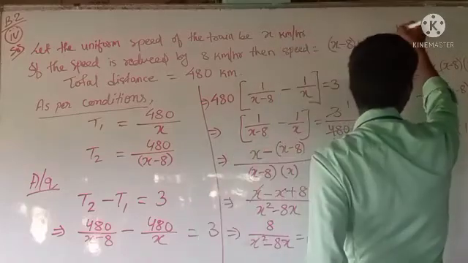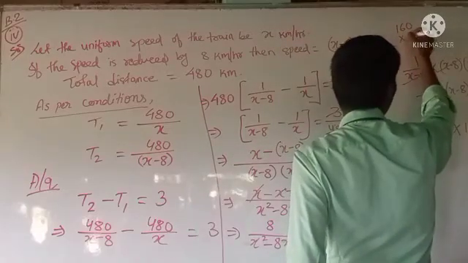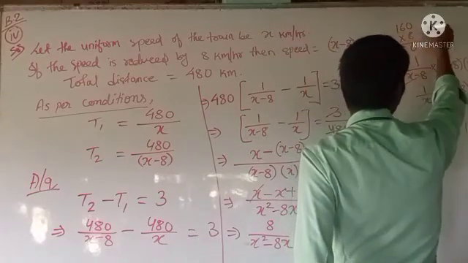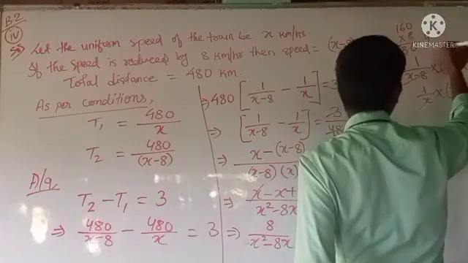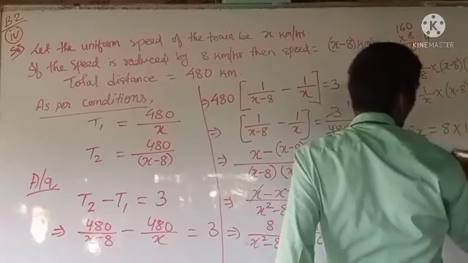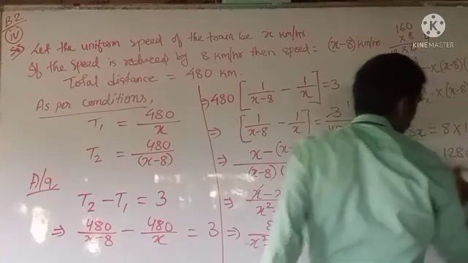Let us multiply 160 with this 8. So 8 into 0 is 0, 8 into 6 gives 48, 4 in hand, 8 into 1 is 8, plus 4 is 12. So we got 1280.